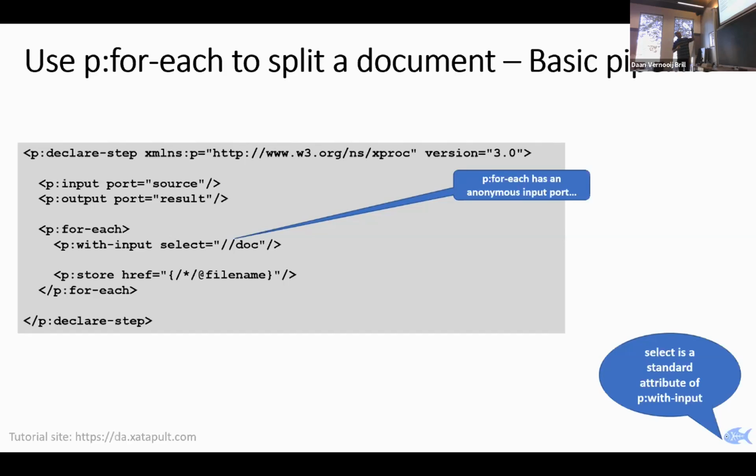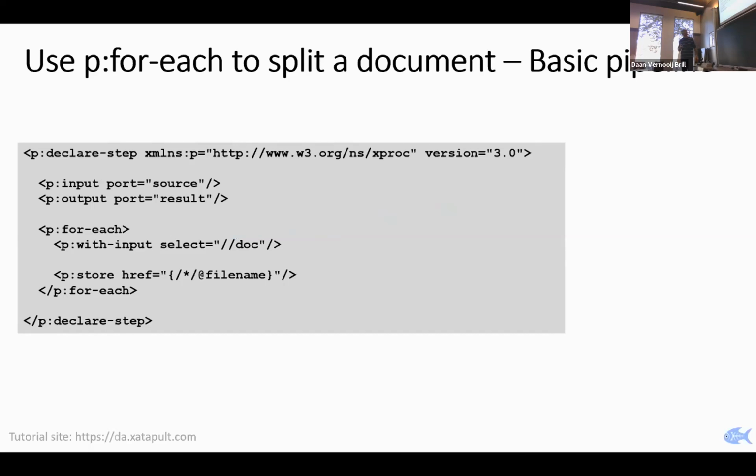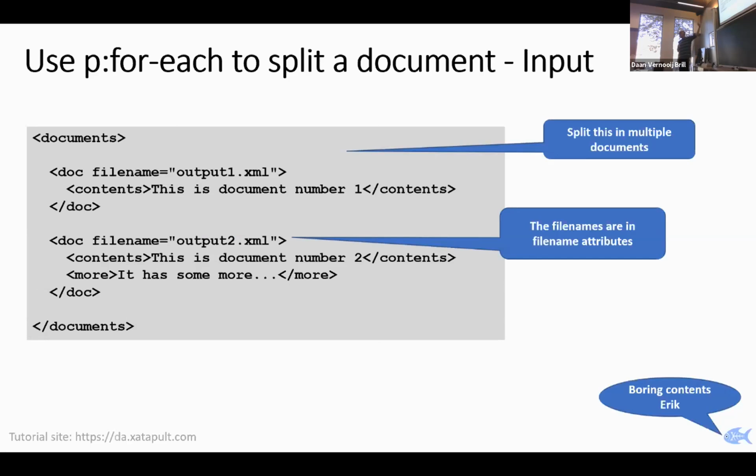And what you're actually saying to p:for-each is, okay, what you get on your primary port, please use /doc about it and split the document into separate doc elements. So what happens here is that the p:for-each loop will start looping over, loops twice, once over the first doc element and then over the second doc element.